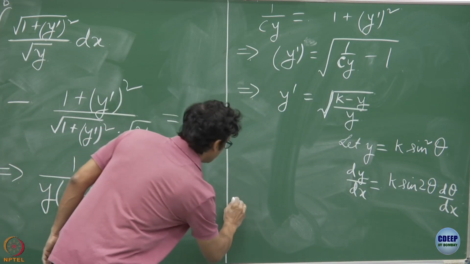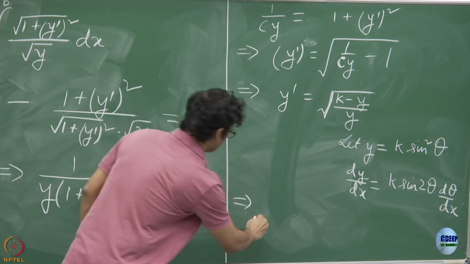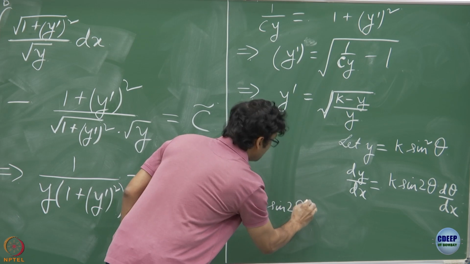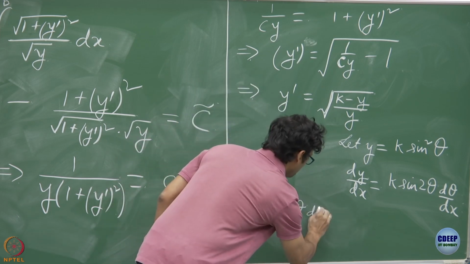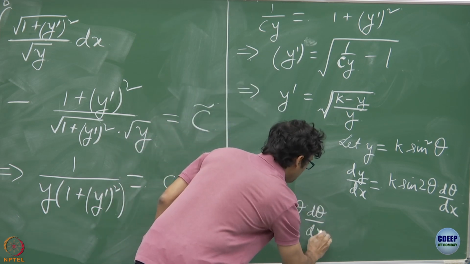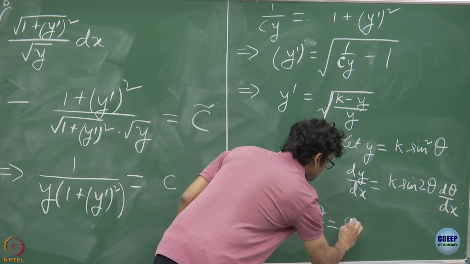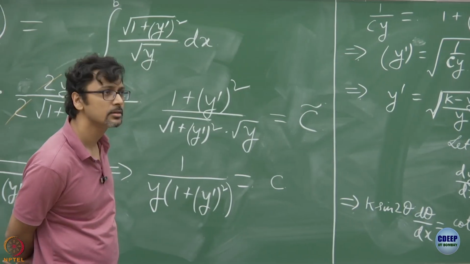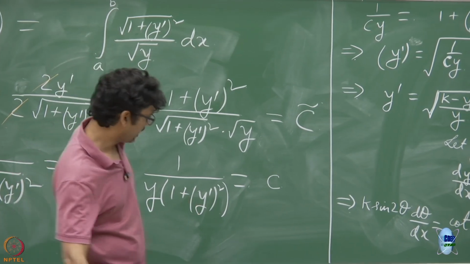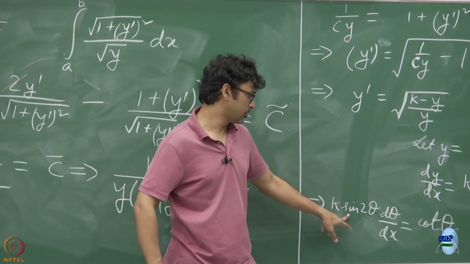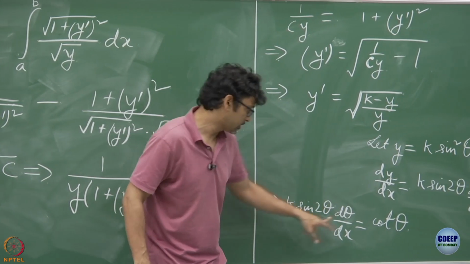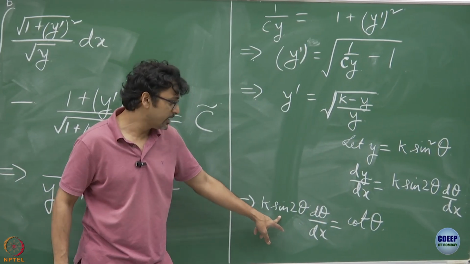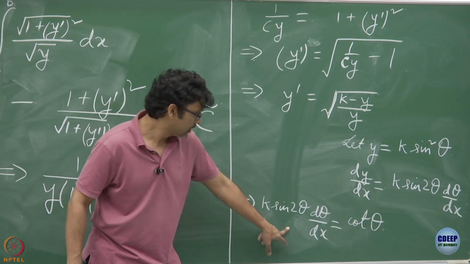So we end up with K sine 2 theta d theta dx is equal to cot theta, right? Again, cos and cos can be taken. This is 2 sine theta cos theta. So the cos theta and cos theta can go off, and this is just 2k sine squared theta d theta is equal to dx.